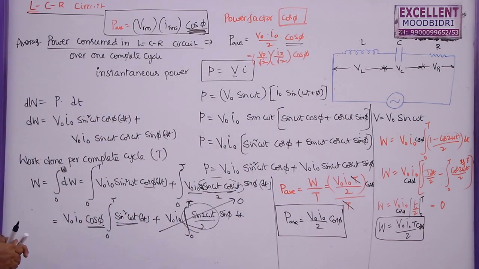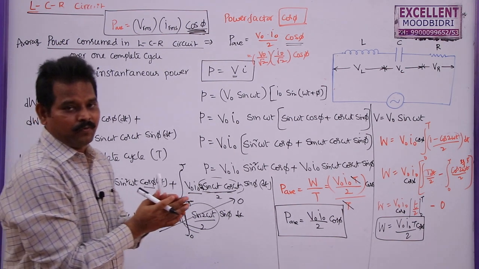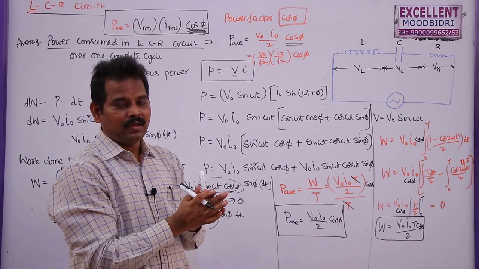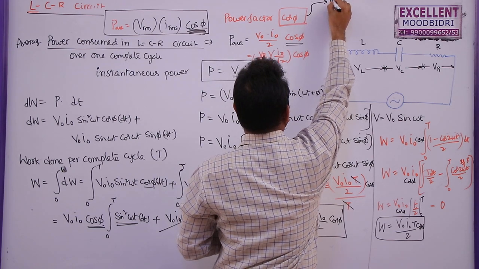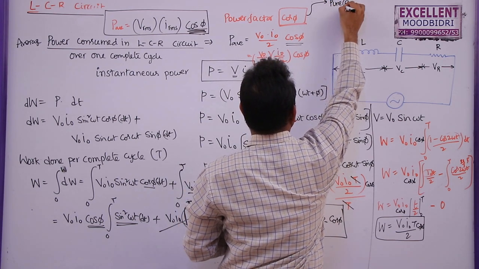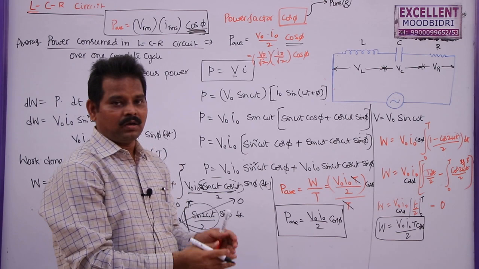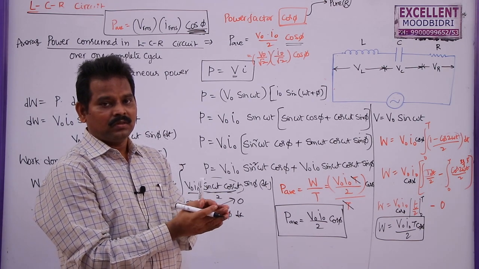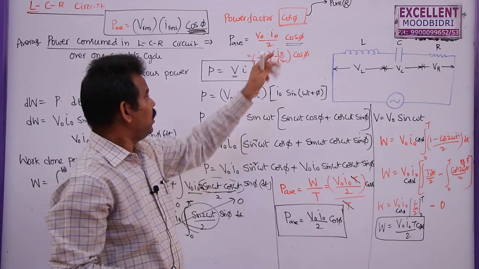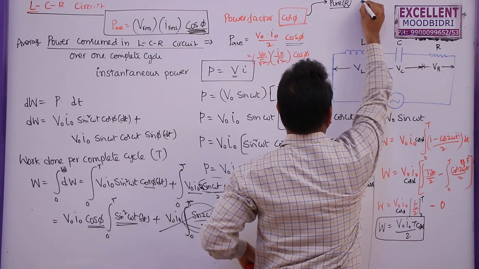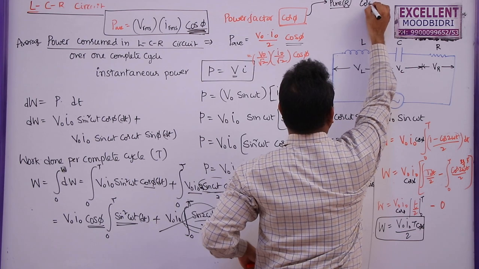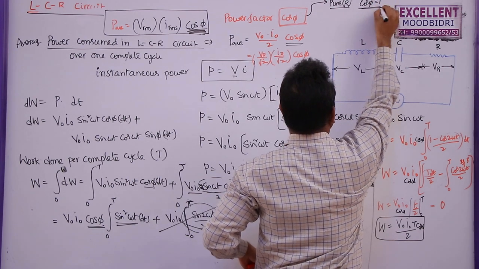But if the AC circuit is in resonance, we know that it acts as a pure resistor circuit and there is no phase angle between current and EMF. For a pure resistor circuit, as both current and EMF are in the same phase, the phase difference is 0 and cos 0 is 1. So for a pure resistor circuit, the power factor cos phi is equal to 1.